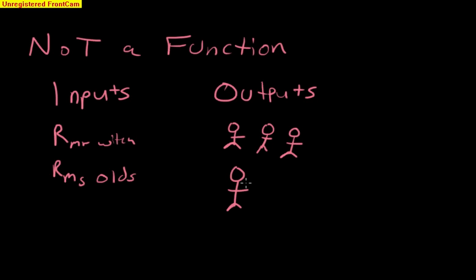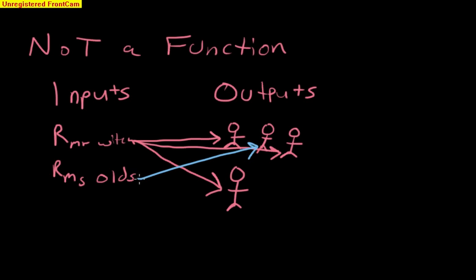Nice even number 4. So what happens is, this rumor about Mr. Witcher is told to the first student, but it's also told to the 4th student. And the 4th student shares it with the 3rd student, so now the 3rd student knows it too. Rumor about Miss Olds, well, that was told to the 2nd student, and the 2nd student told the 1st student.